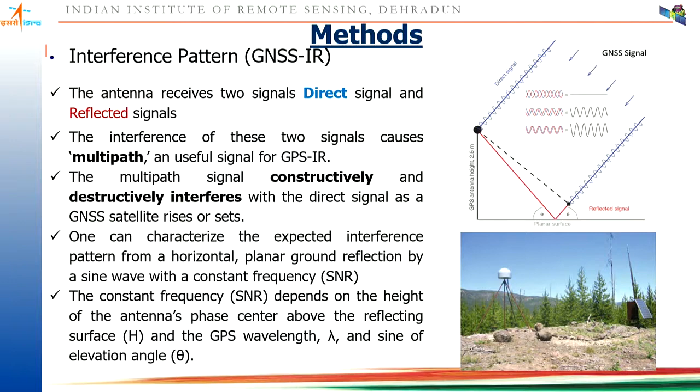It is not only the height of the antenna, it is also the elevation angle at which we are receiving the GPS signals, and the wavelength. GPS operates on L1 and L2. Similarly, other constellations like Galileo and GLONASS have other frequencies, so it depends on the frequency as well.